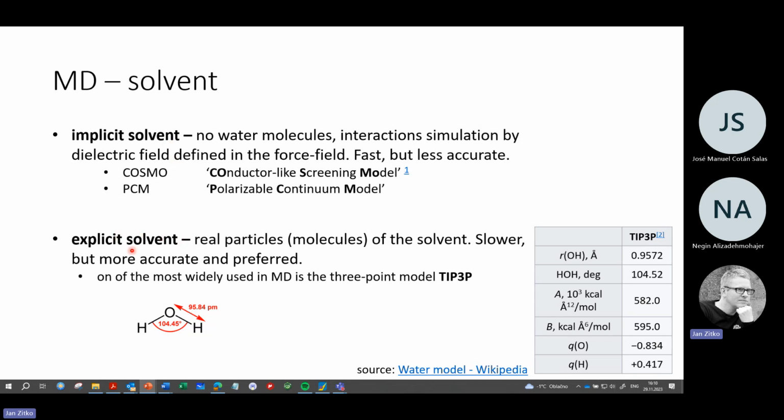More precise are explicit solvent models. So now we have real particles or real molecules of the solvent, for example, waters. This simulation is obviously slower because, as I said, in a typical system, again our example, a ligand in protein in a solvent box, a box of water, the number of particles is usually tens of thousands.